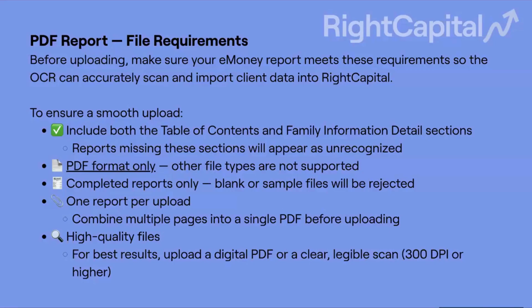Each eMoney report is going to need to include both the table of contents and the family information detail sections. If either of those are missing, the report will show as unrecognized and won't process properly. Beyond that, there's just a few key guidelines to keep in mind. The file must be in PDF format.